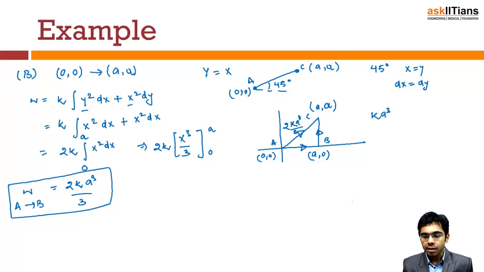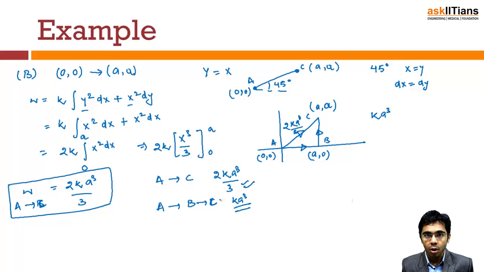So that means this is not an example of a conservative force. Rather it is showing an example of a non-conservative force, because as we are moving from A to C directly we are getting 2k a cube divided by 3, and going from A to C via B we are getting k a cube. So this is exactly what it is showing, that work done along these paths is not equal, hence non-conservative.